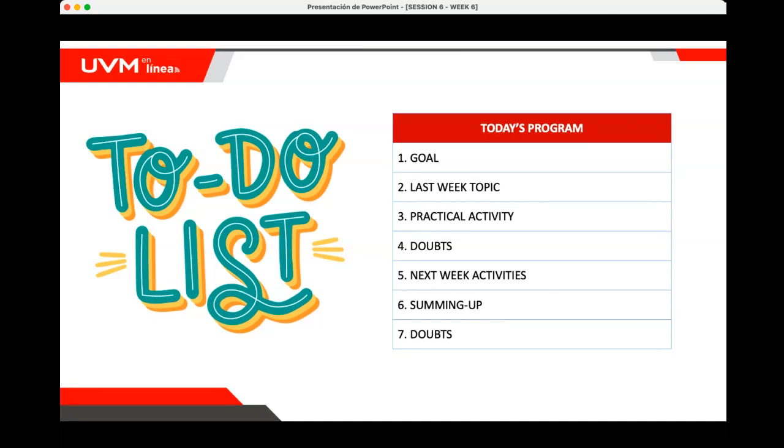We're also going to have a practical activity, which in this case is only reviewing the vocabulary and grammar sections of the last four units. Then we're going to have a space for doubts. We're going to talk about next week's activities, which in this case is just the last activities of the course. We're going to have a summing up and then a space for doubts.